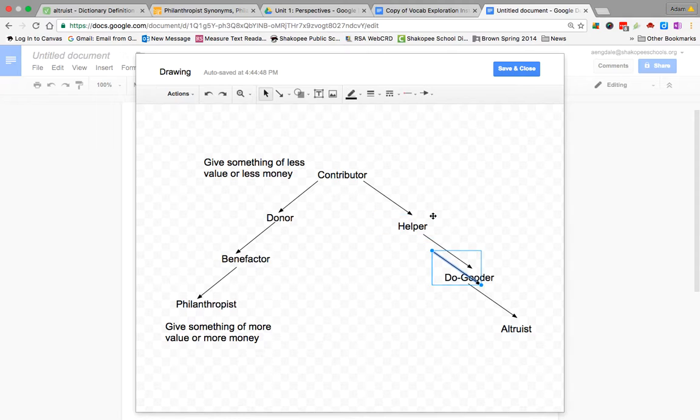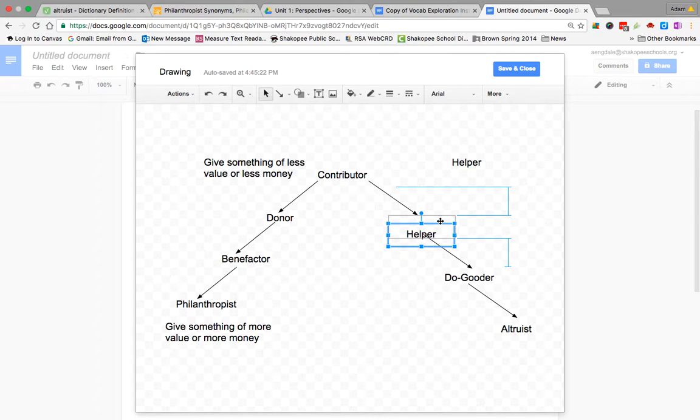So I'm going to create another arrow. I need another box. It seems to me that this row of people, this idea of contributors, are contributing their life instead of money. A helper is doing, I go in on the weekends and I help out or whatever.